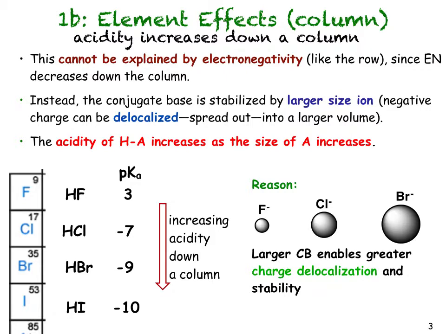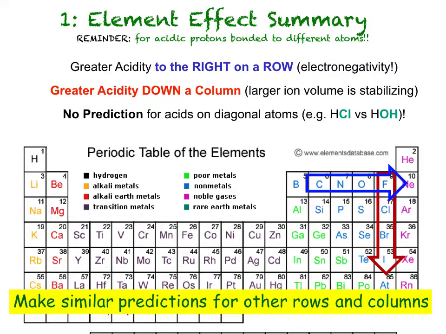This is because of the stability of the conjugate bases having to do with the size of the conjugate base. So bromide is a bigger size than chloride, for example, and therefore HBr is more acidic than HCl. And we summarized the table of this in the last presentation.